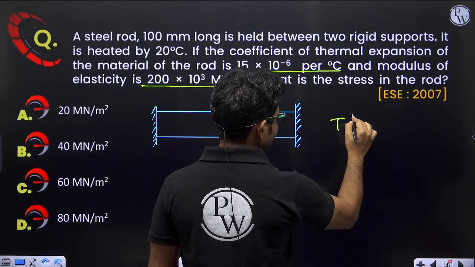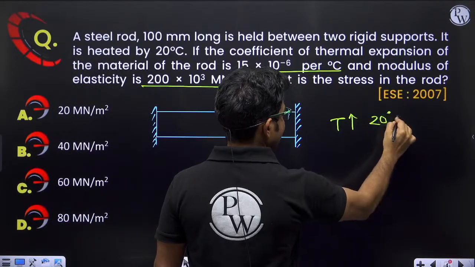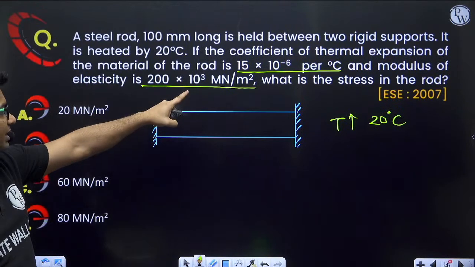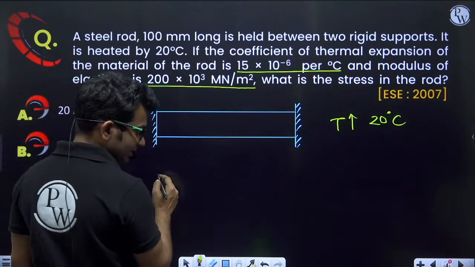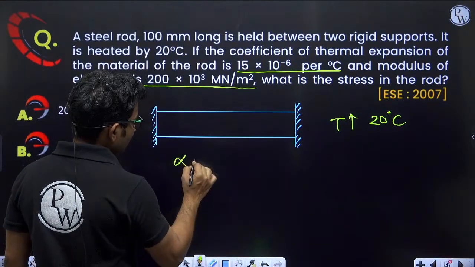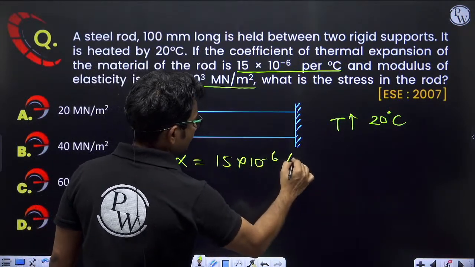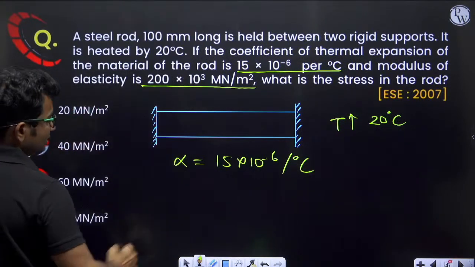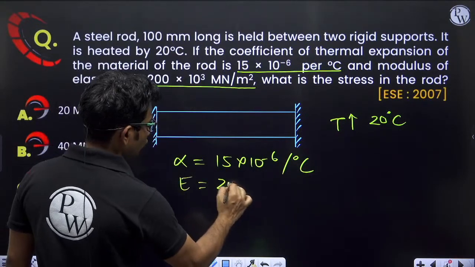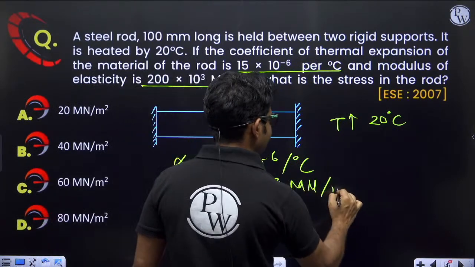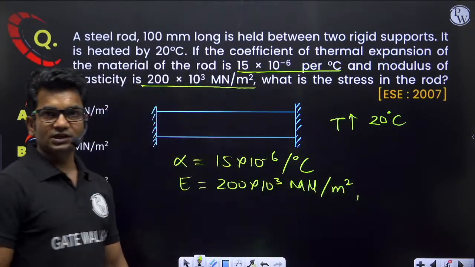The coefficient of thermal expansion is alpha equal to 15 into 10 to the power minus 6 per degree Celsius, and modulus of elasticity E is given as 200 into 10 to the power 3 meganewton per meter square. What is the stress in the rod?